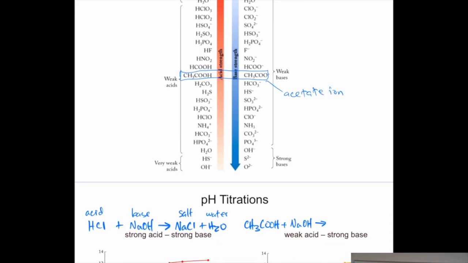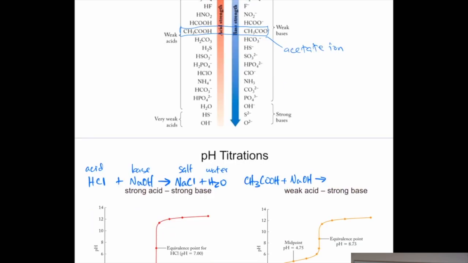If it's a weak acid, it's reversible, and that's exactly what we're going to be talking about. But I have a solid arrow going to the right, because even though acetic acid is reversible, this reaction gives sodium acetate plus H2O liquid.